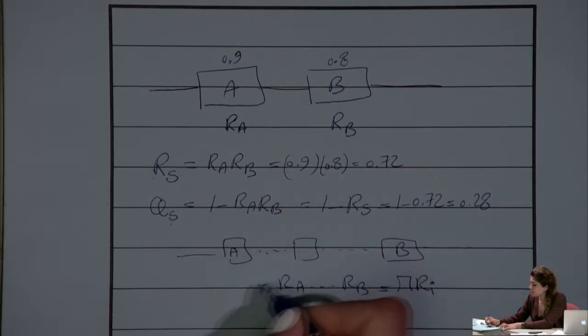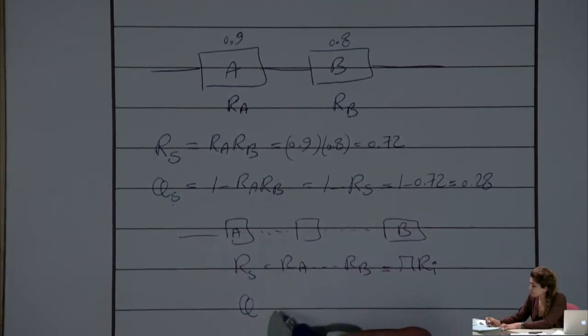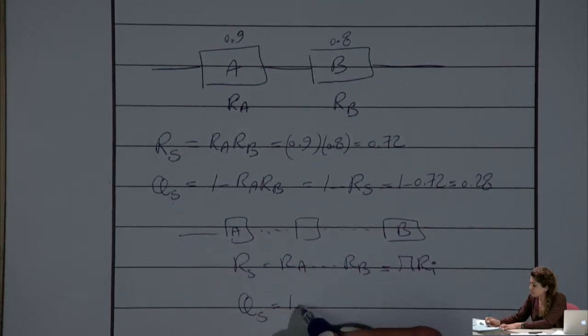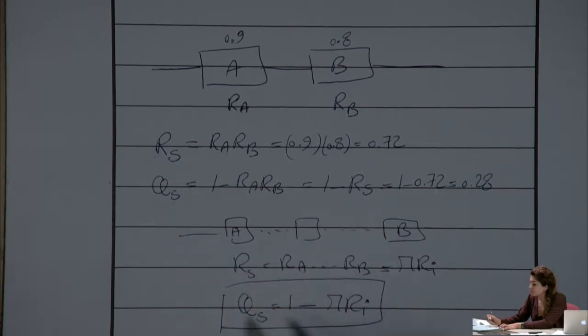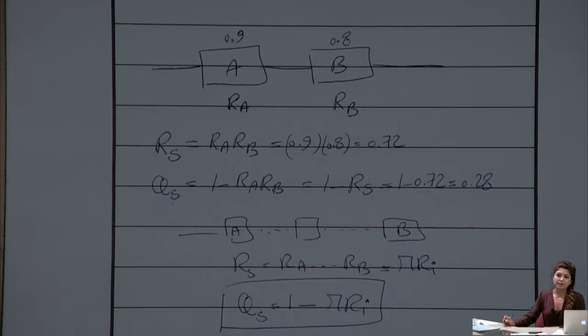So that becomes the reliability of the total system. And if I want to write the probability of failure, QS, then it becomes 1 minus the multiplication of all these probabilities. So for a system that is in series, that becomes the general equation for calculation of the probability of failure, where this multiplication goes from i to, let's say, n, if you have n components that are in series.